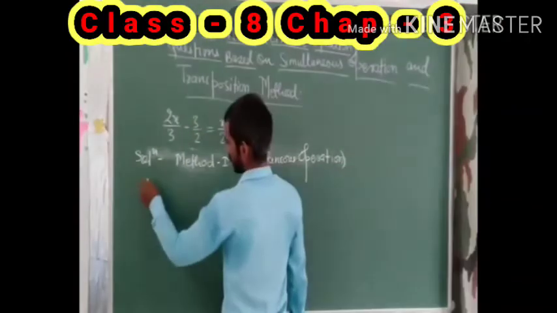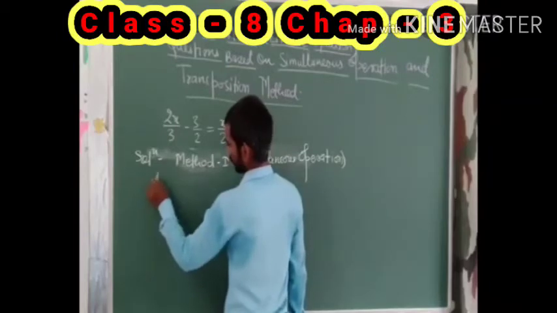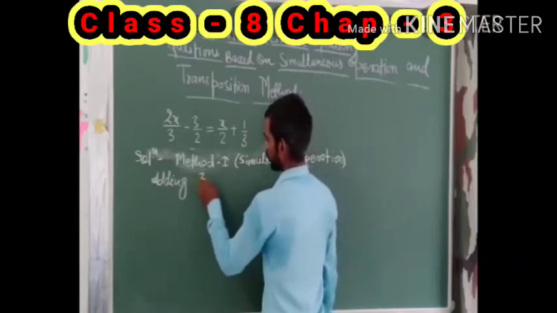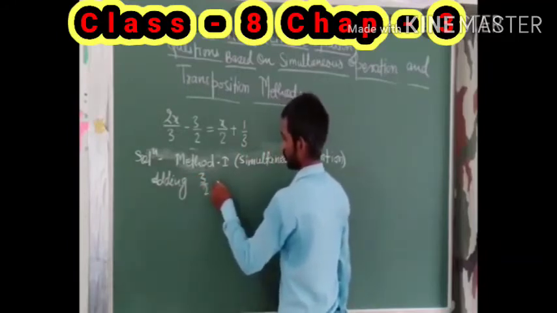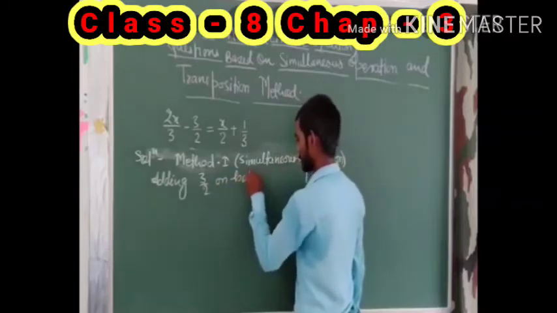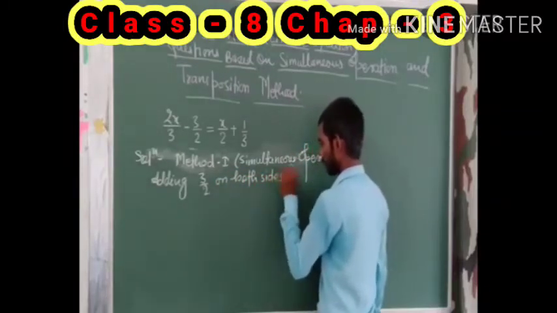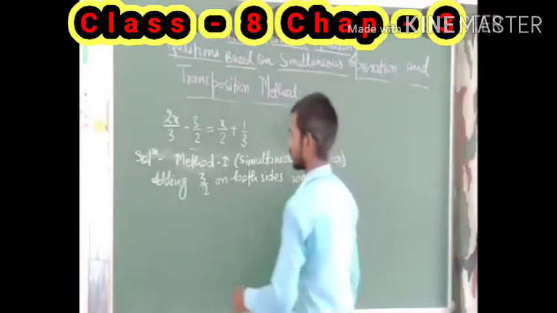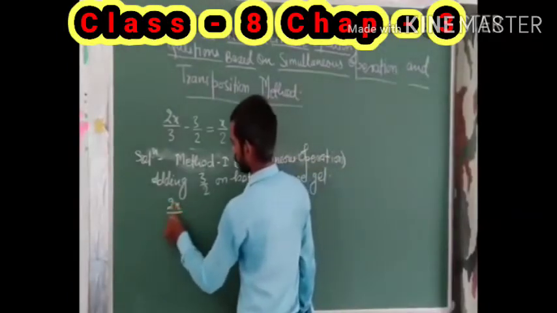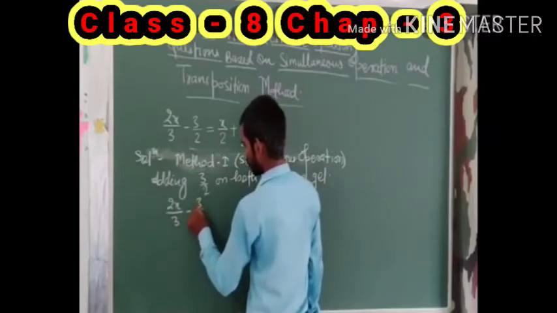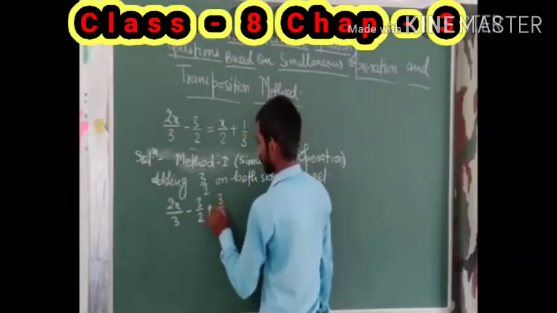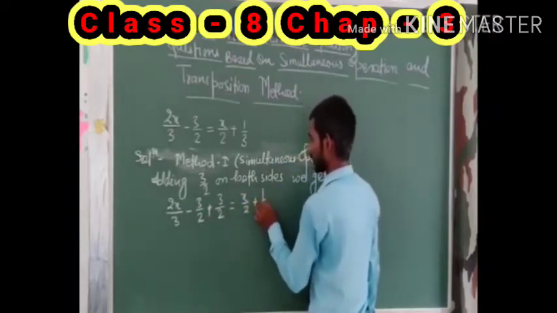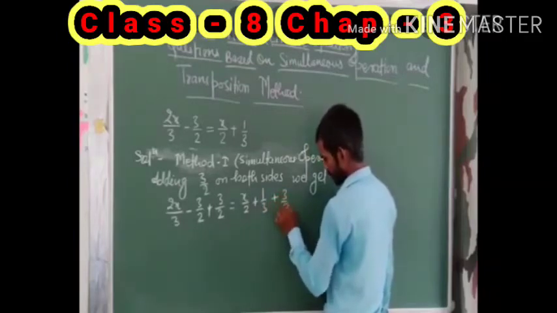So, first write, adding 3 upon 2 on both sides. We get 2x upon 3 minus 3 upon 2 plus 3 upon 2 is equal to x upon 2 plus 1 upon 3 plus 3 upon 2.